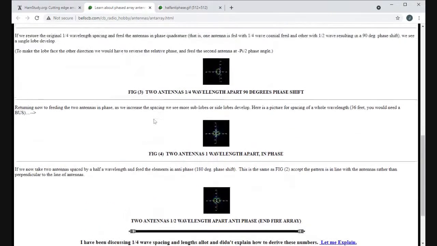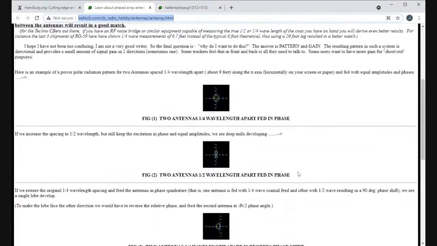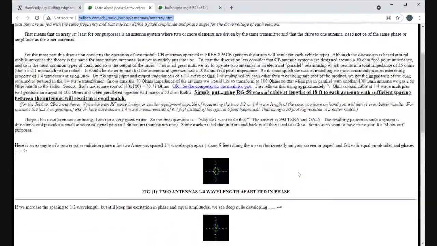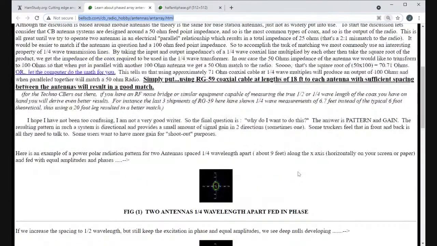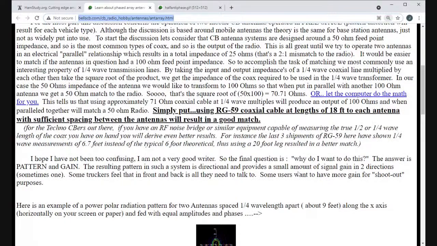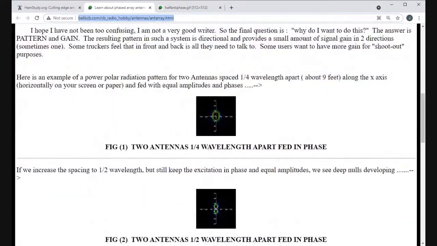So this is this website here that I'll post into the chat. It talks about how the radiation pattern looks depending on whether the signals are in phase and how far apart they are.